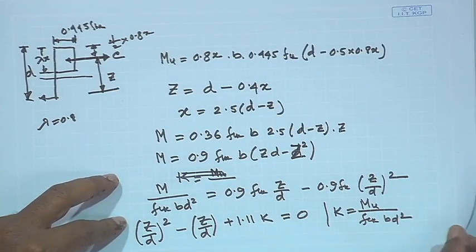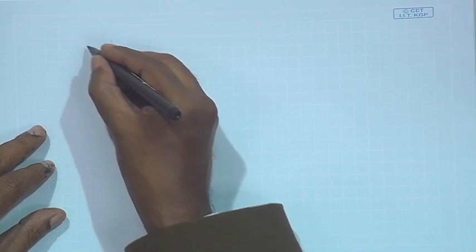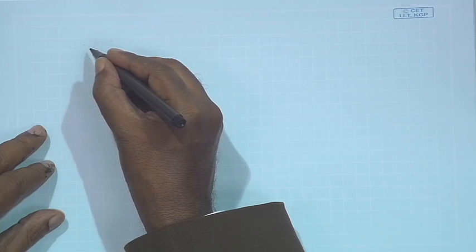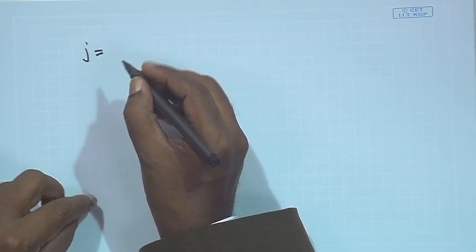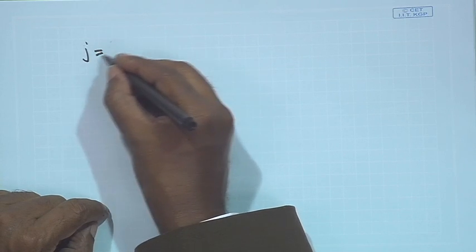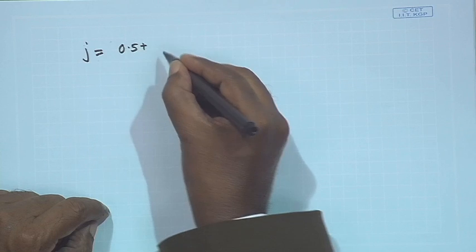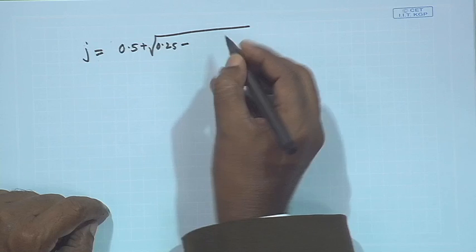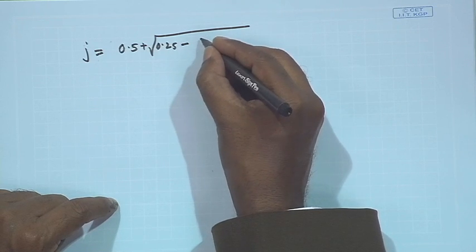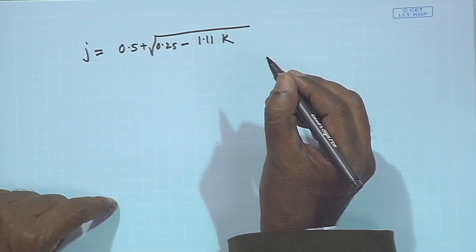the equation. So, here finally we can get that equation here, that J, we can say again 0.5 plus root over 0.25 minus 1.11 K, like that we can get it here.